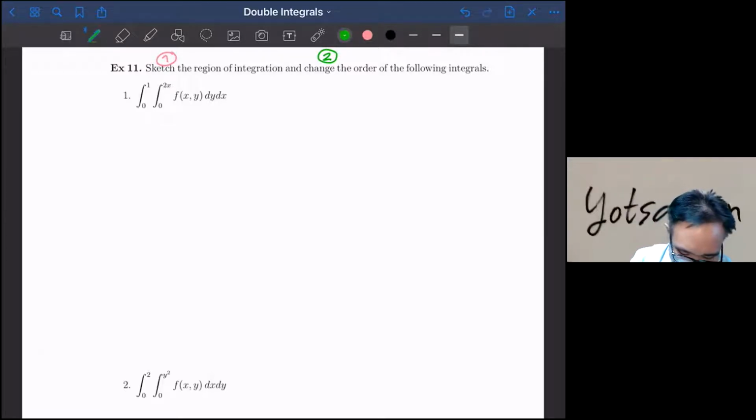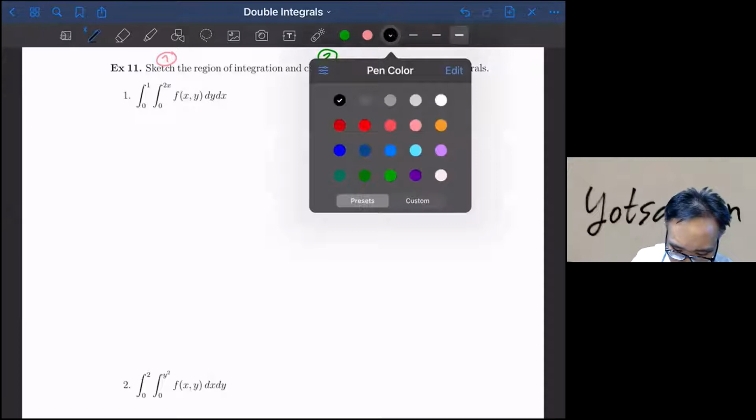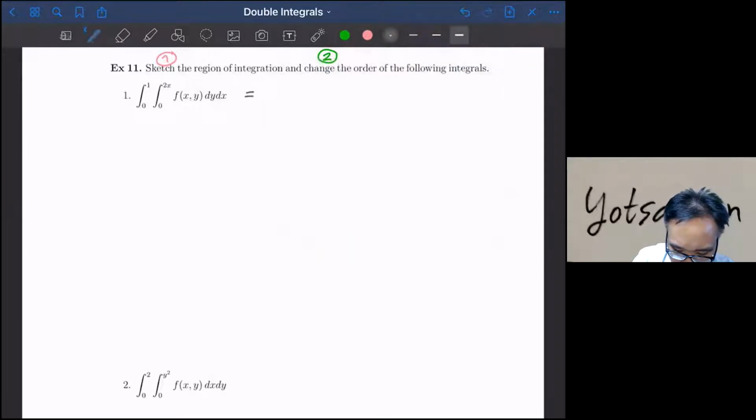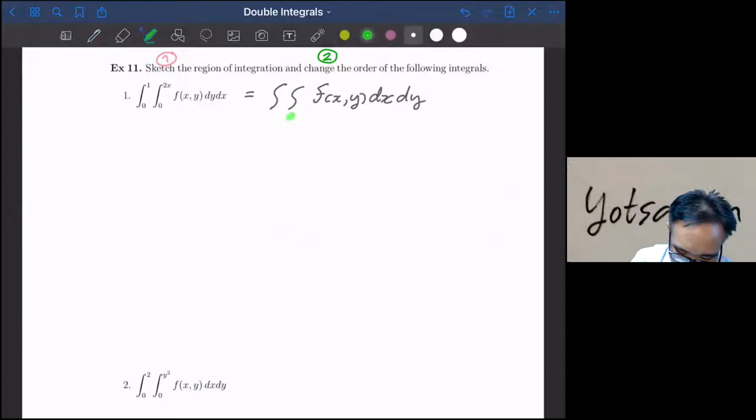In this example, we're going to write this double integral in terms of the integral of f(x,y) dx dy instead. What we are looking for is the lower limit and the upper limit here, the green one and the pink one that we're going to put here.